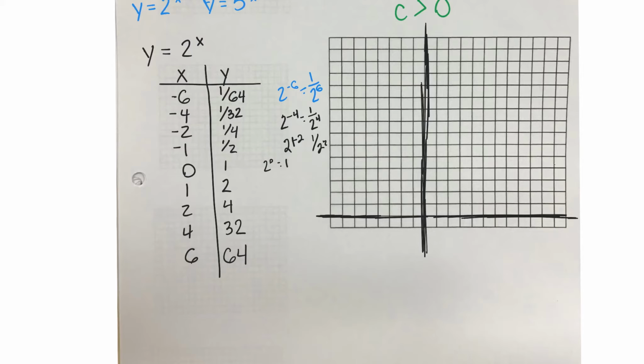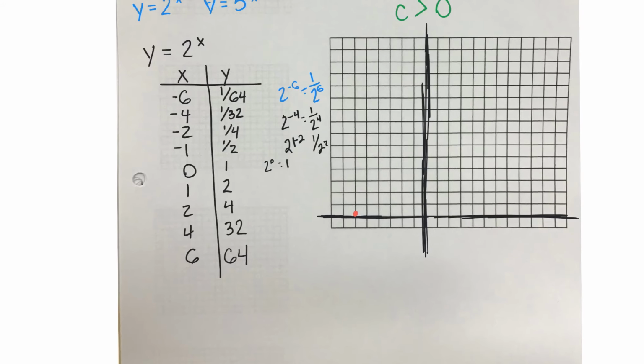If we're going to graph this, we're going to graph -6, 1, 2, 3, 4, 5, 6, in 1/64. So, basically it's 0. Then we're going to go to -4 and go to a 32nd. And then we're going to go to a 4th at -2. I'm not very good at this. Then -1 goes to 1/2.